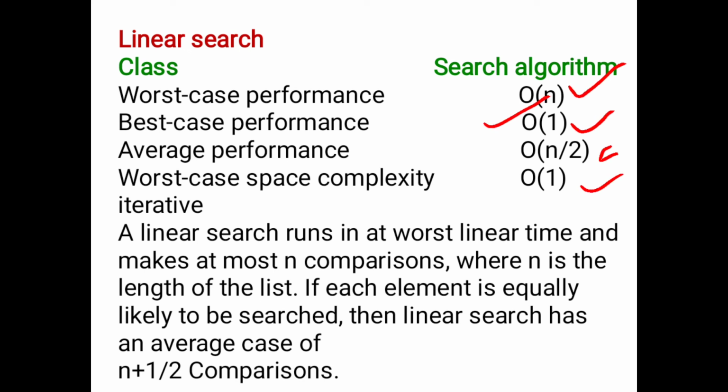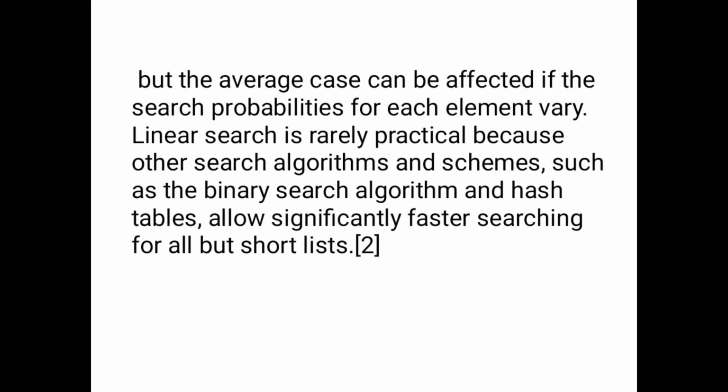Then linear search runs in worst case linear time and makes at most n comparisons, where n is the length of the array, if each element is equally likely to be searched. This paragraph also explains the concept of n comparisons.